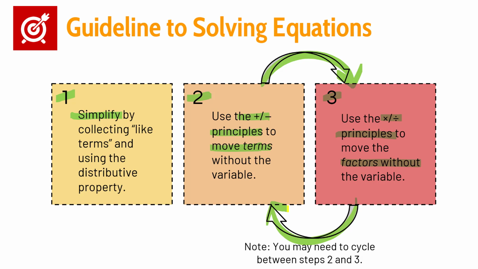What I want to remind you is that you're always looking for terms first. So terms should be your go-to. Look for these first. If you don't see a term that could be moved, then you will move on to your factors. After you've moved a factor, a term might become available. So always check for this first, and then you move on to a factor if there are no terms.